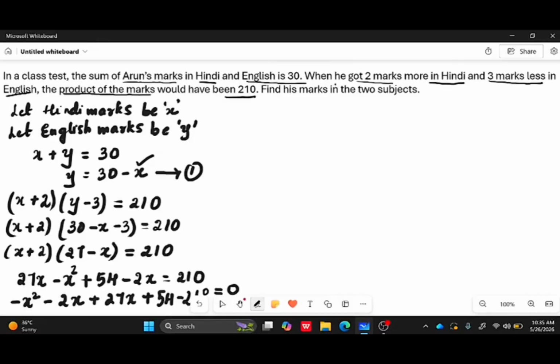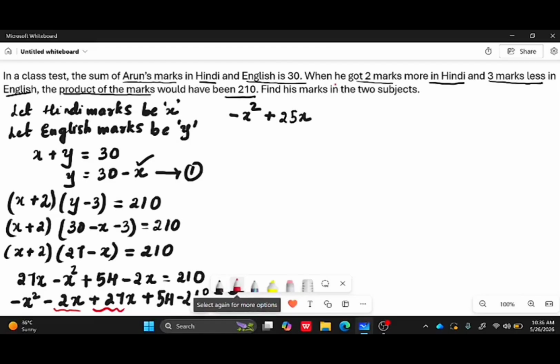So now minus 2x and plus 27x are like terms, right? That will be plus 25x, correct?